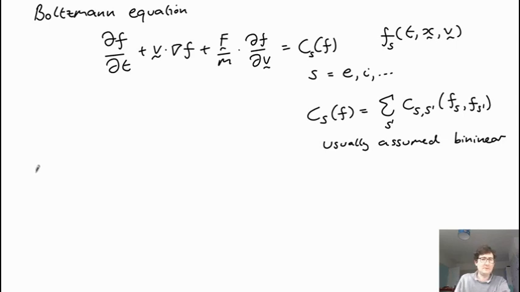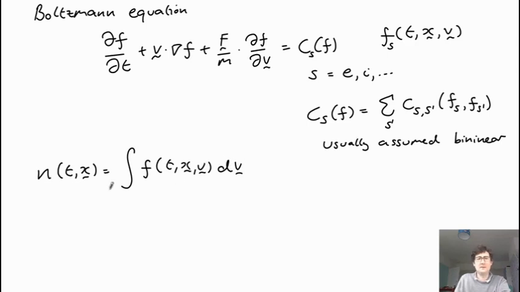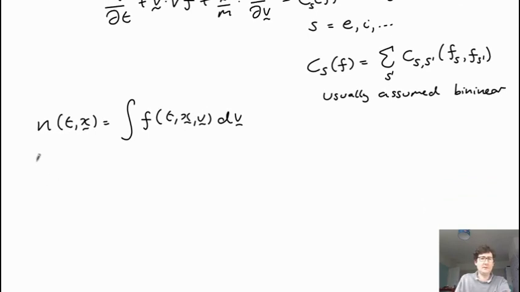For example, the density, which is some function of time and space, we get from integrating the distribution function f of t, x and v over all 3 velocities, and this gives us a function of time and space only, because we integrate out the velocity. Then we can take higher moments.